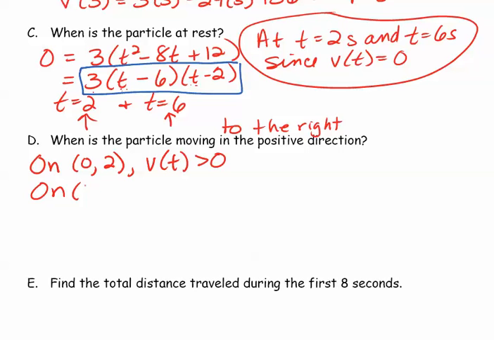And we expect it to alternate. But until you're used to that, we can test it out. If we tried a number like time equals 4, you can see that this t minus 2 parenthesis changes to positive. So we'd have a positive 3 times a negative times a positive. So only one negative. So our velocity would change to be negative.